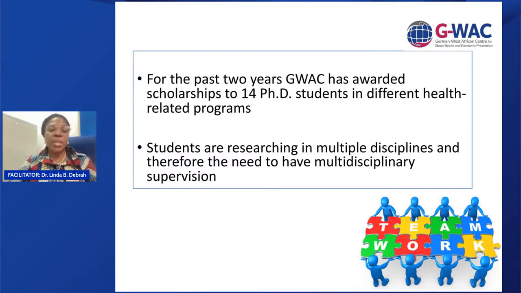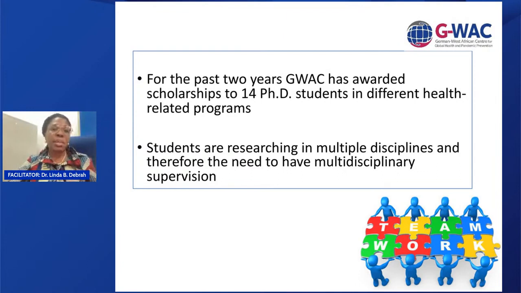So this means that these G-WAC PhD students are really going to work interdisciplinary, because even within one research group, we have multidisciplines. So for instance, if we take the digital health research group, we have students working in the area of bringing about digital tools for surveillance.